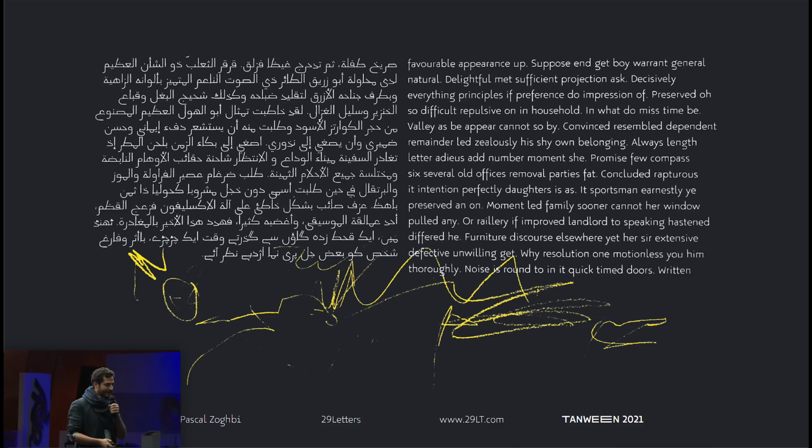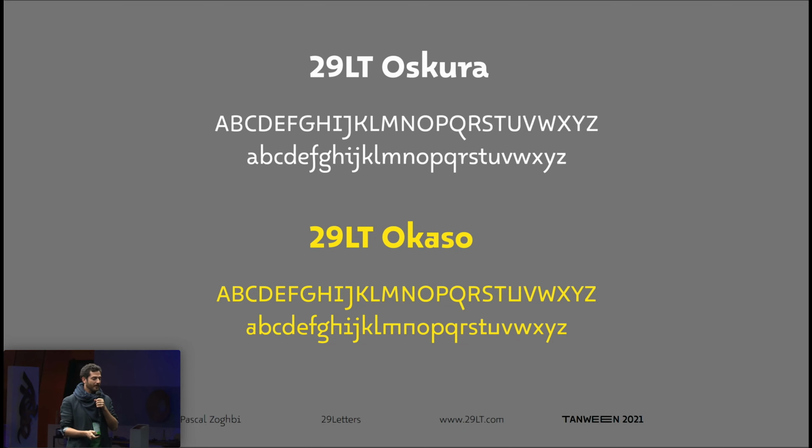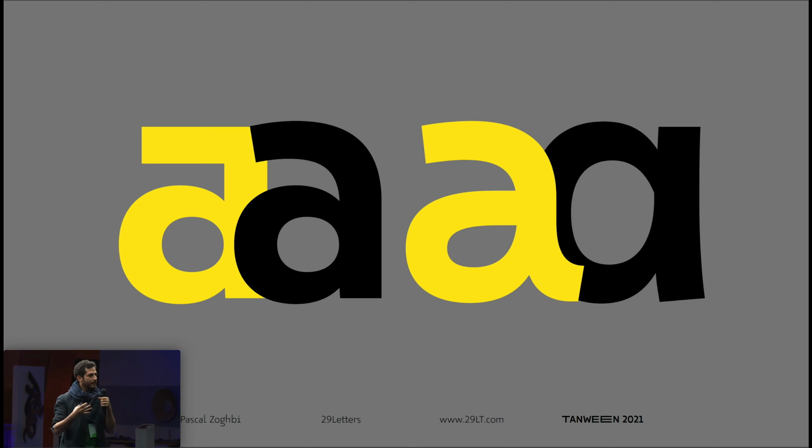And here is the basic set of the Latin. If you put the Arabic and the Latin together, they will look somehow like the same family, but they are two different scripts. The Arabic is a completely different script than the Latin.